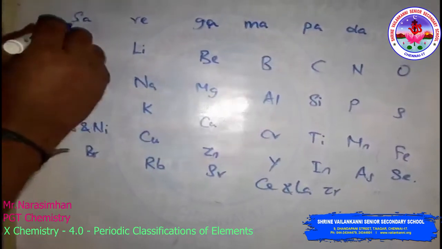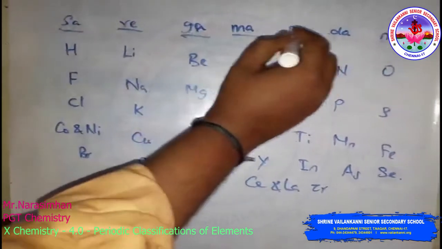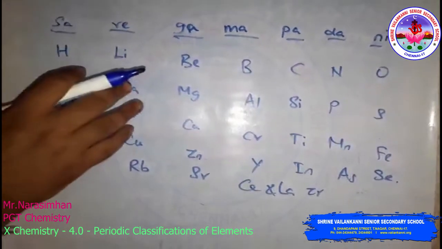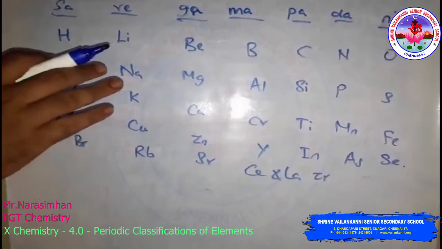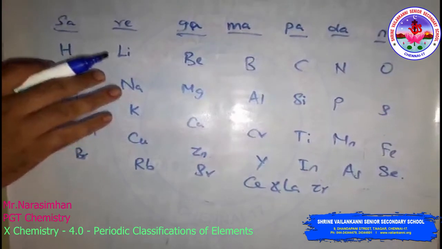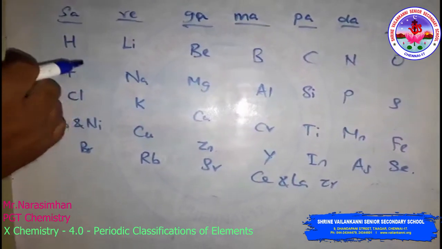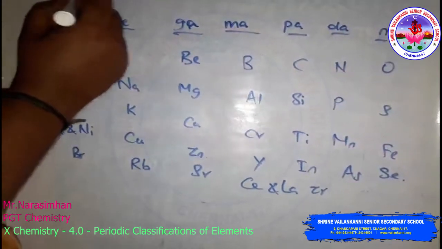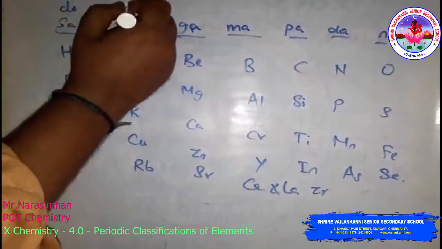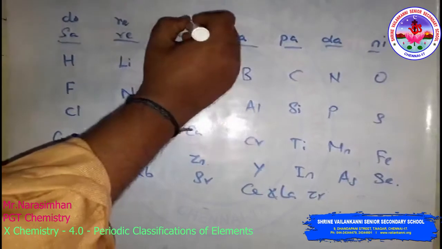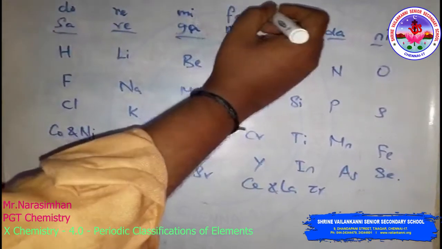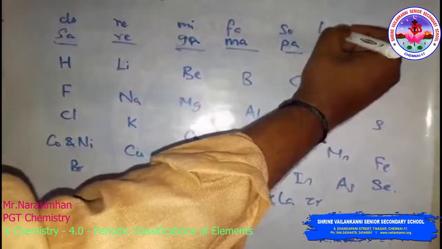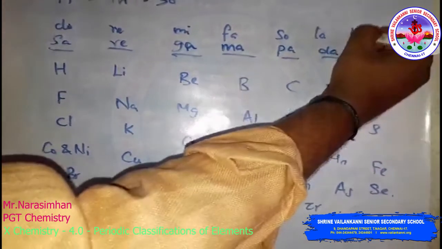This is sa, re, ga, ma, pa, da, ni. These are the notes of music, as we already know. In this notation we can use do, re, mi, fa, so, la, ti.